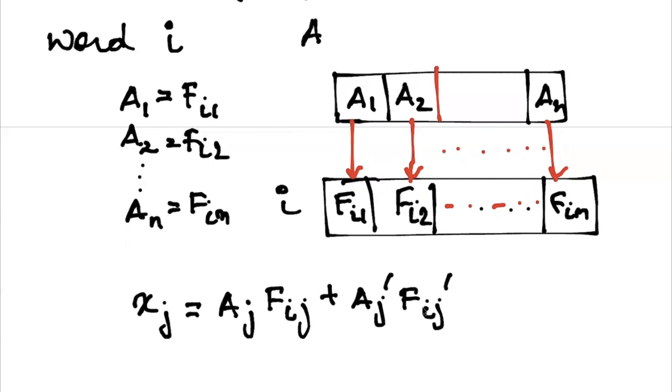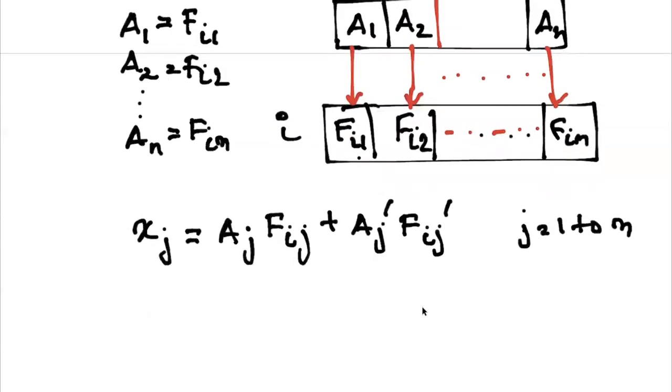That means A1 must be equal to Fi1, A2 is equal to Fi2, and for this, j goes from 1 to n. So xj would be the match for the first pair of bits, x1, x2, x3, x4.